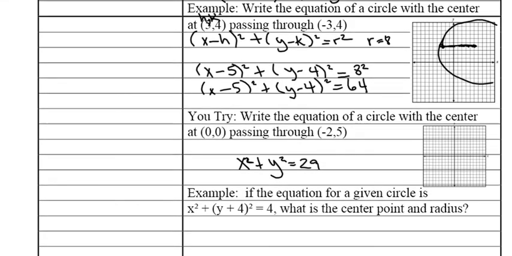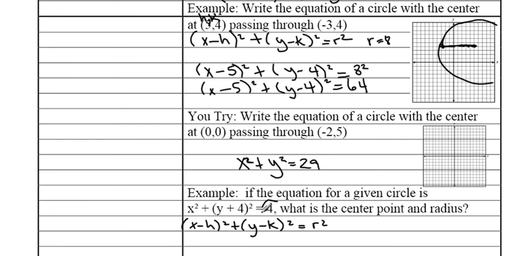Alright, and the last example we're going to do together is, if the equation is given, we want to identify the center point and the radius. So the equation of a circle is (x − h)² + (y − k)² equals our radius squared. What I do first is I figure out what my radius is.